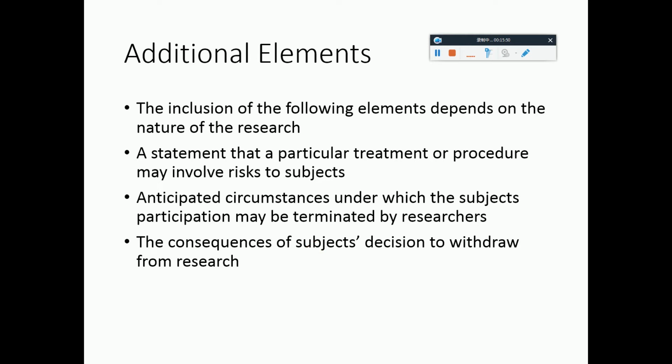So, for example, if a researcher is testing the effect of new drugs and these new drugs are in urgent need by other patients, then if subjects who initially agreed to participate decide to withdraw, researchers could consider letting these subjects know that their withdrawal could potentially have some impact, not necessarily negative, right, on the testing of the drug which is needed by other people.